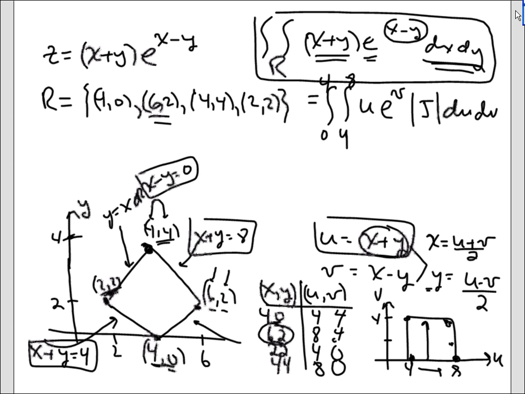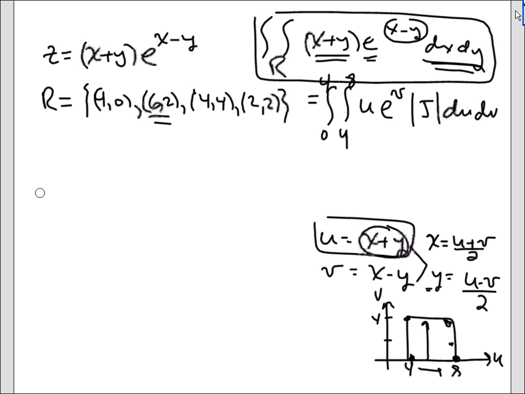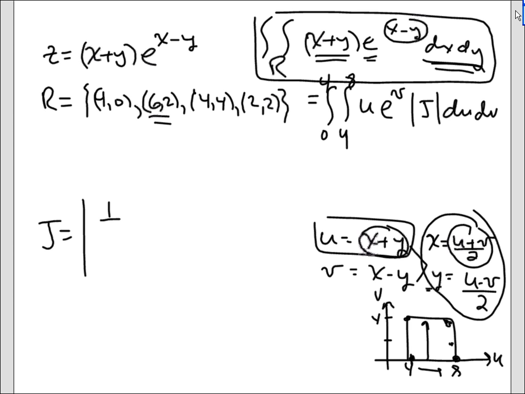Alright. So before we can even attempt to find this integral, we need to find the Jacobian. And we are going to use the x equals and the y equals formulas. So the Jacobian is the partial of x with respect to u, which is a half.